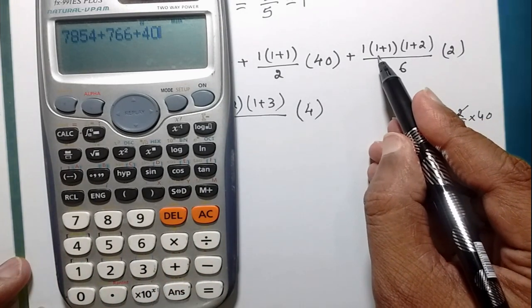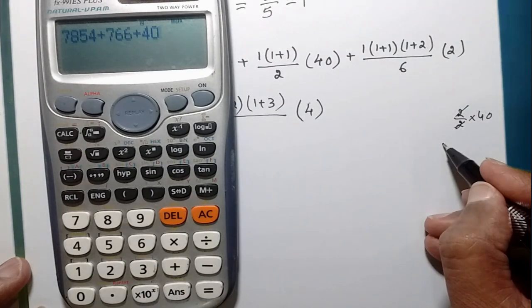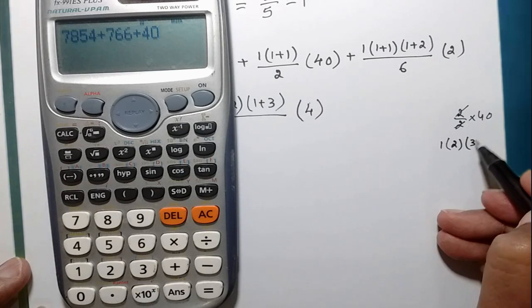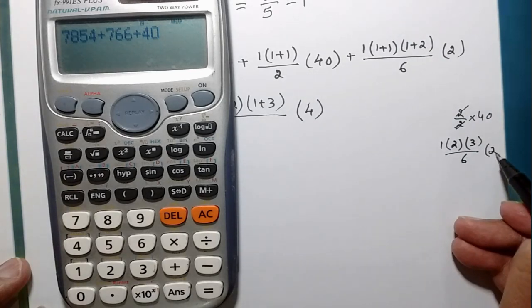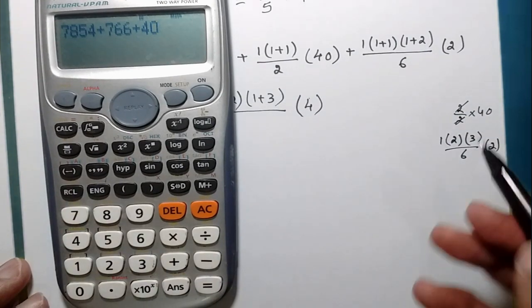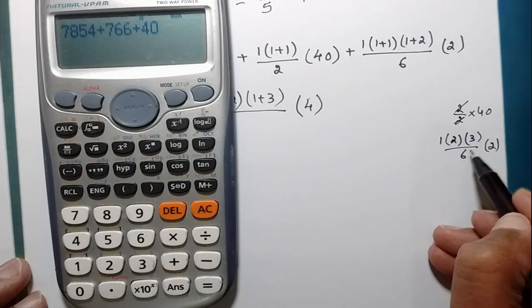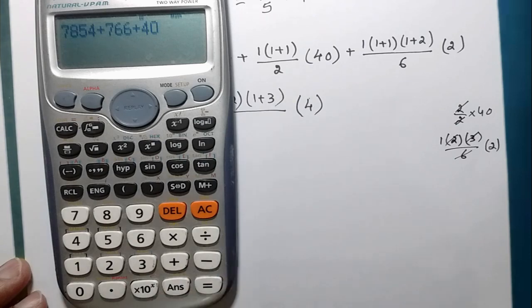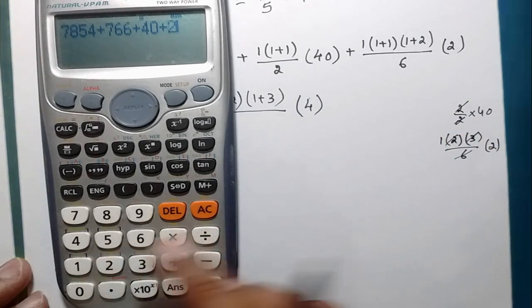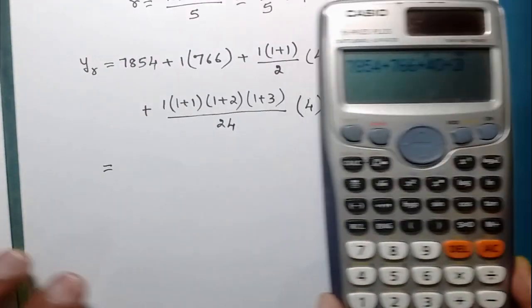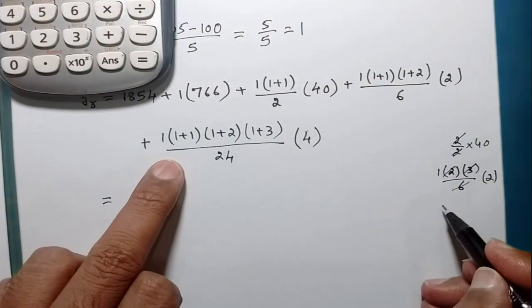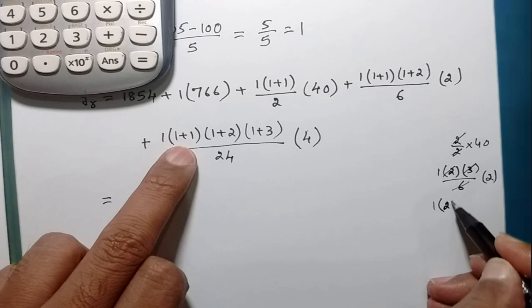Plus here you have 1 into 1 plus 1 will be 2. So it is 1 into 2 into 1 plus 2 will be 3 divided by 6 into 2. Either you type it directly in the calculator or simplify. This is 3 times of 2 is 6. So 6 and 6 will get cancelled. We will just be getting 2 there. Alright, so next term will be 2. Now coming to this last term over here. Alright, so what you have here, it is 1 into 1 plus 1 is 2.